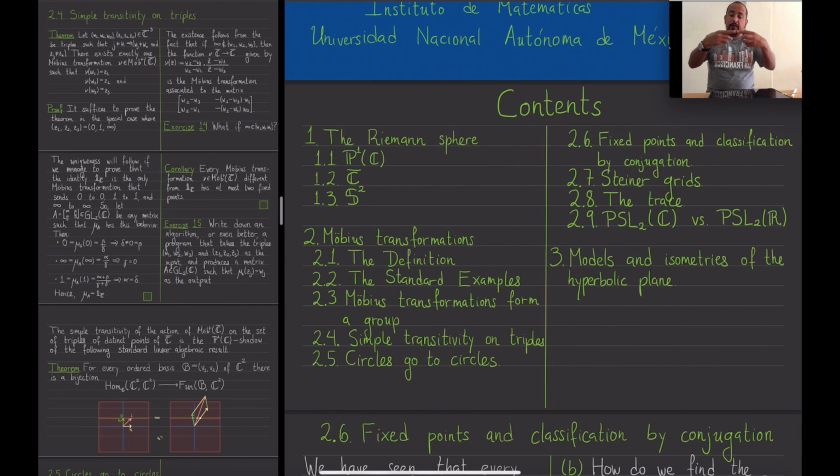The first one to the first one, the second one to the second one, the third one to the third one. Transitive because for any two given triples there is a Möbius transformation that does the job. Simply transitive because there is exactly one Möbius transformation that does the job of taking this triple to this triple.